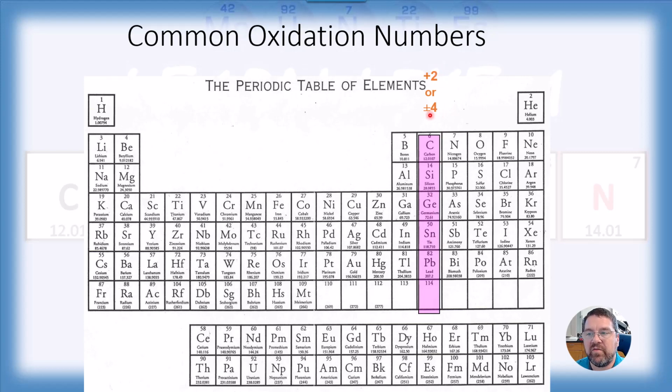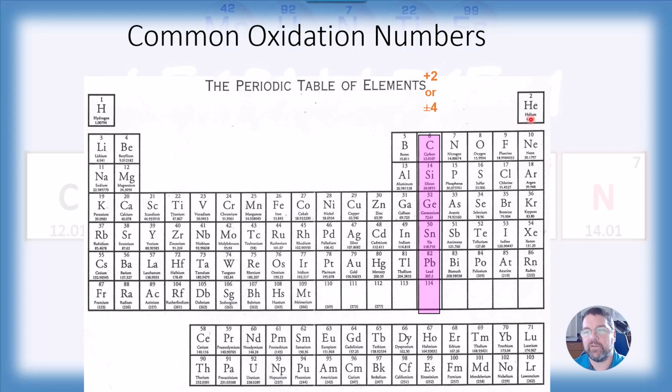The negative, that's really only going to apply for the elements that have more of a non-metallic characteristic to them. And so carbon, for instance, if it gains 4, hence a -4 charge, then it's going to have a configuration like neon. But if it loses 4, it'll have a configuration like helium. So it can go either way, all right?